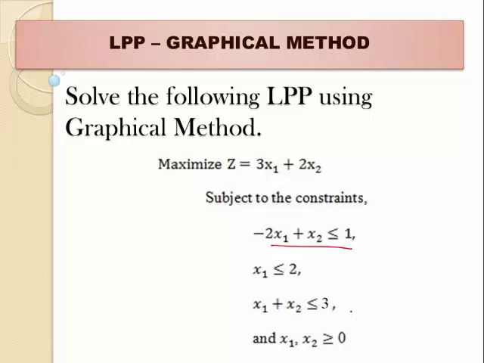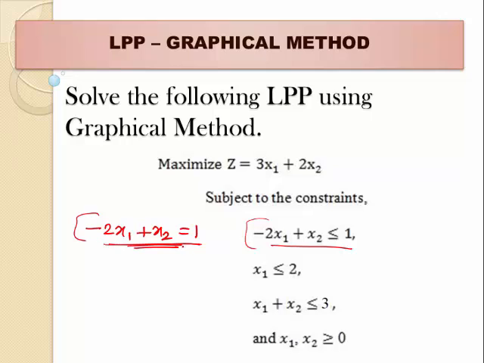We can represent a line equation if the inequality is in this format, that is -2x1 + x2 = 1. This function can be represented in the graph because it is a linear equation which represents a line. So this can be represented in the graph directly.